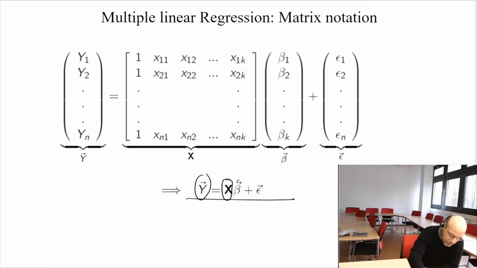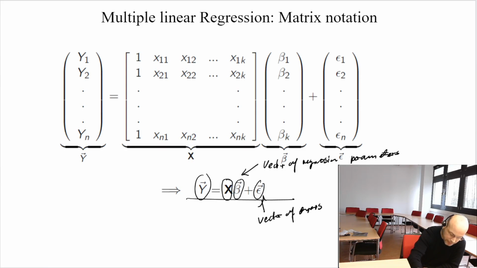This will be our regression parameters, and these are our error vector of regression parameter and vector of errors. And this is vector of dependent variable.